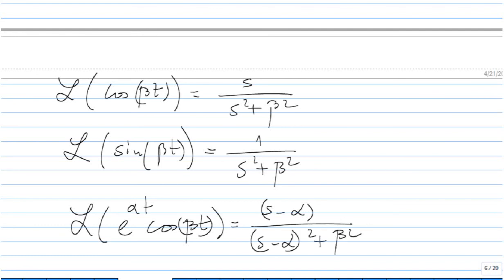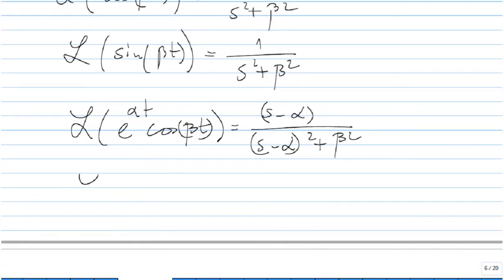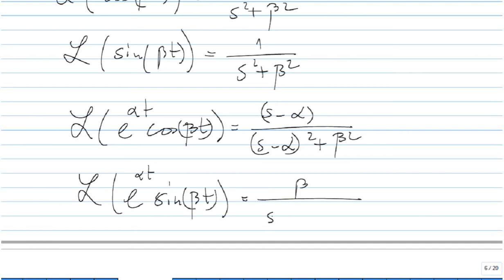So you see, that's how we get it. And the Laplace of e to the alpha t sine beta t, we shift it again. Wherever you see s, you put s minus alpha. So you see here, if you take alpha equal minus 2, you get s plus 2. And if you take beta equal 1, you get 1 squared, that's 1.